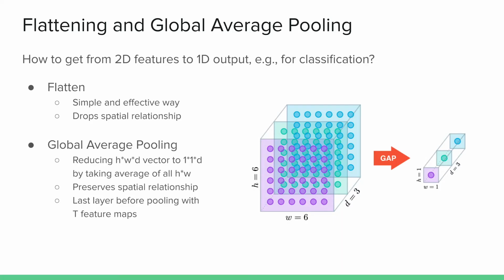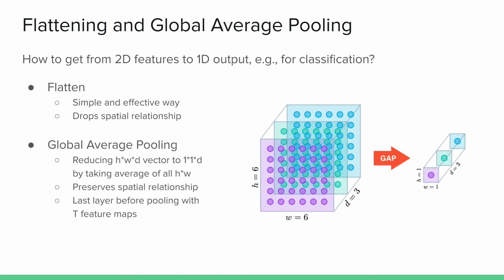But there's also a different idea of not flattening that, but actually doing something called global average pooling. What it does is it takes, per feature map, the entire input and reduces it to a 1x1 output. So that's the global average pooling, and it just takes the average of all of those inputs from one feature map and produces a single output.